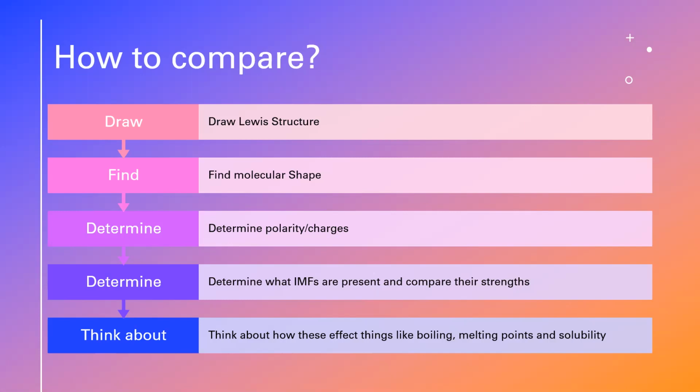Because honestly, if we can figure out what forces there are, we can probably always figure out, okay, this one has a higher melting point, higher boiling point, because a lot of our questions are phrased like that. And that's what we really have to worry about.